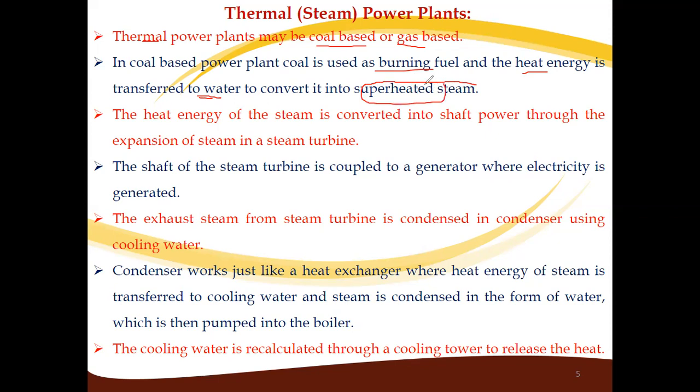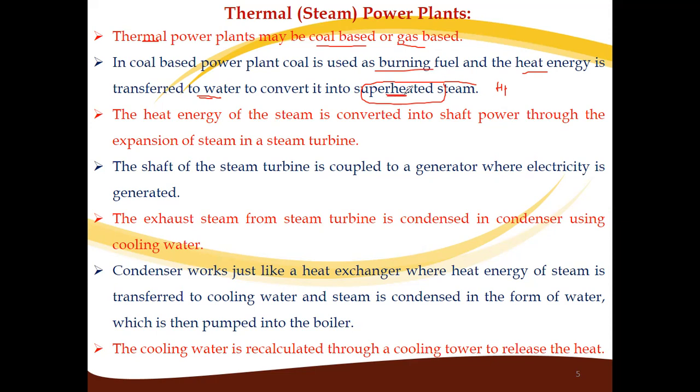Now what is meant by superheated? It is high pressure, high temperature steam. Superheated means we have 100% dryness of the steam, so there is no moisture content, 0% moisture. That steam is called superheated steam.